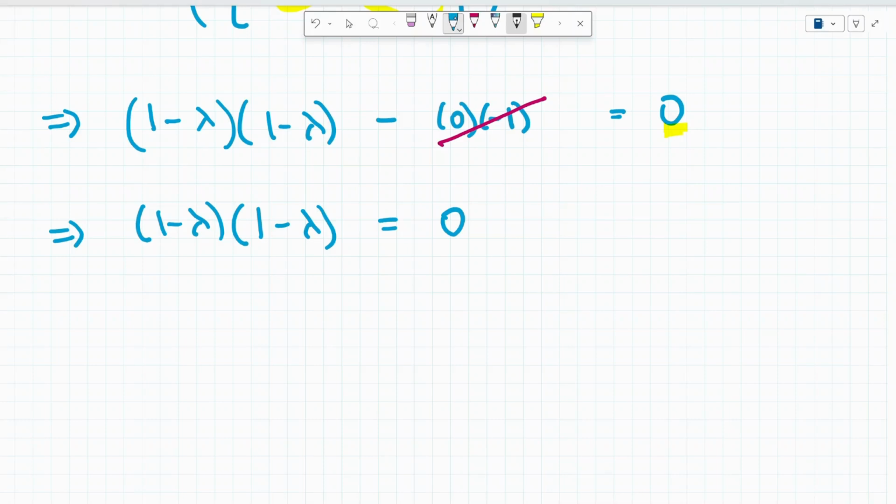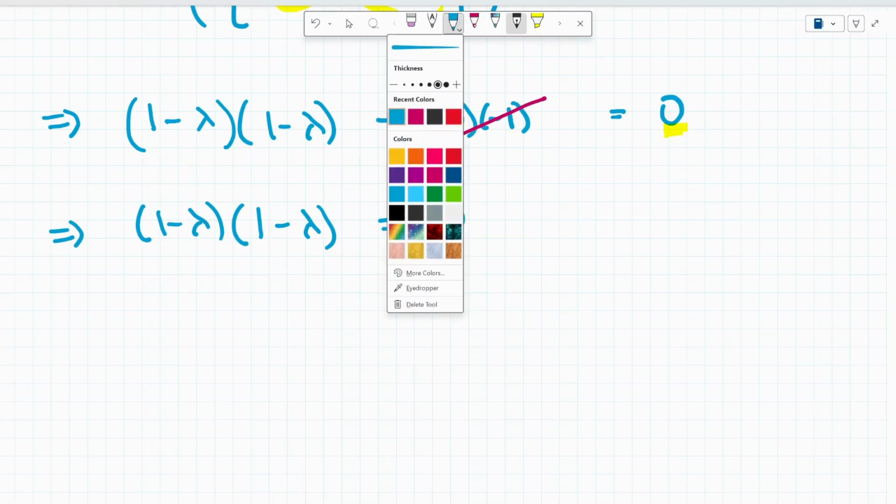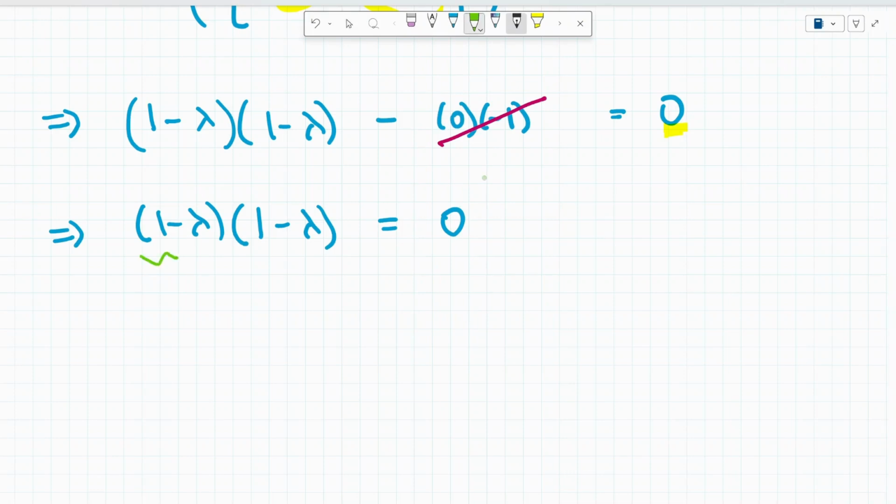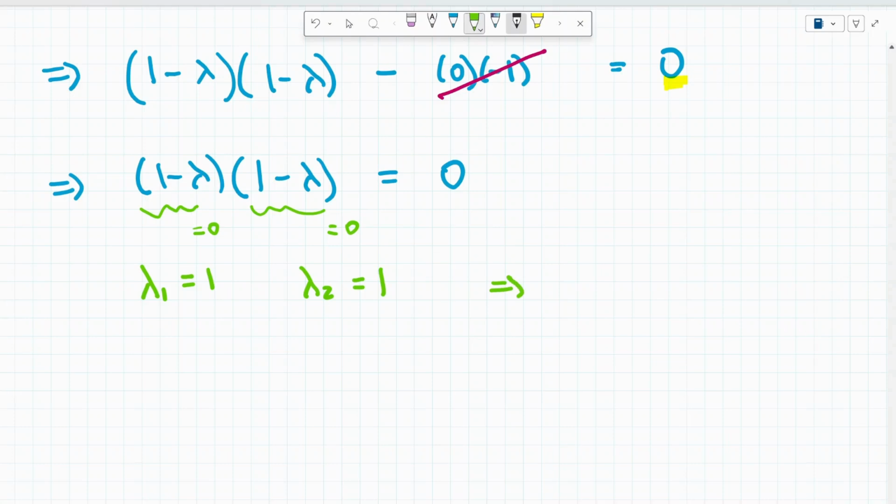It's already in factored form for us, so it's quite simple to solve for the eigenvalues. We set each of these terms individually equal to 0. So we get that lambda 1 equals 1 and lambda 2 equals 1. It's pretty obvious to see that lambda 1 equals lambda 2, which equals 1.